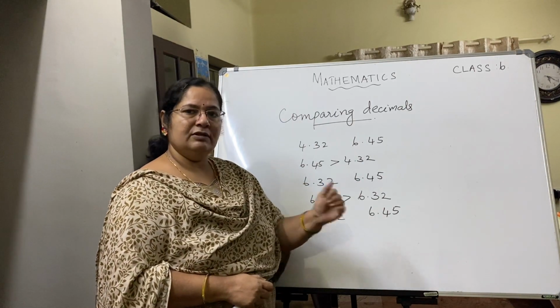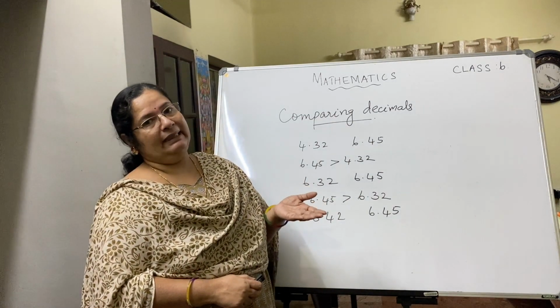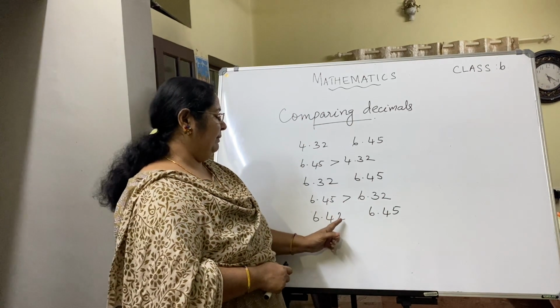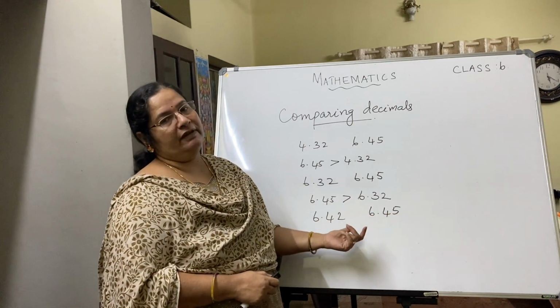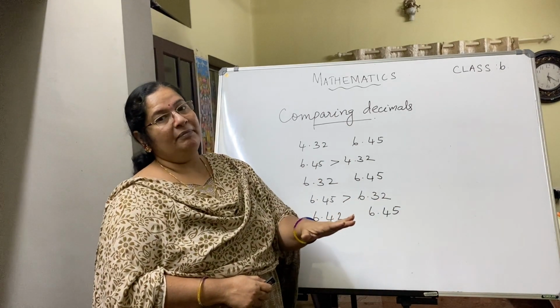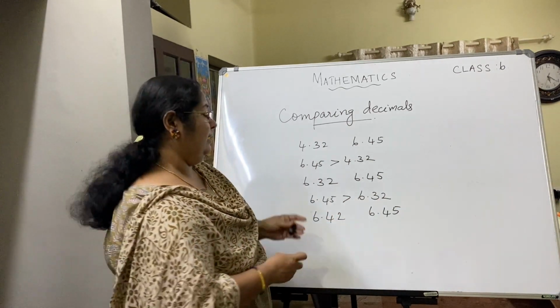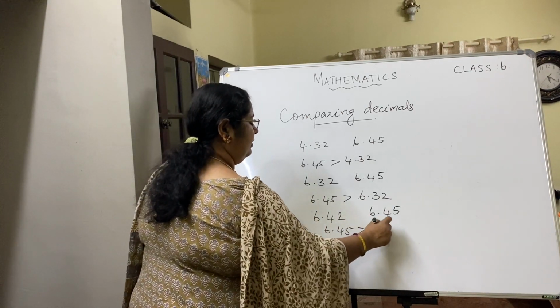So the 10th place also both are same. So the next step will be to compare the 100th place. Here it is 2, here it is 5. Which is greater? 5 is greater than 2. So the decimal having the greater 100th place will be the greater decimal. So here 6.45 is greater than 6.42.